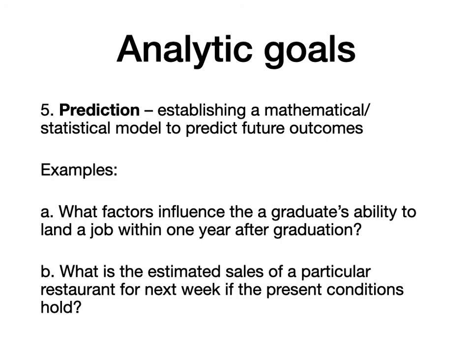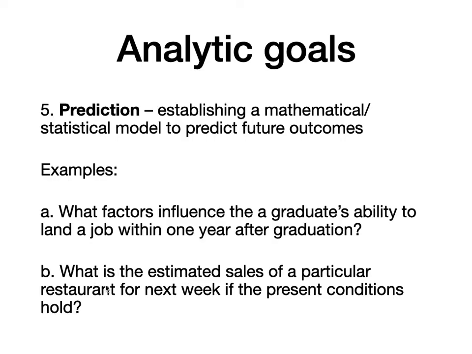Let's have another example. What is the estimated sales of a particular restaurant for next week if the present conditions would hold? Given that the present conditions of the restaurant remain constant, you would want to predict the sales of the restaurant for next week.